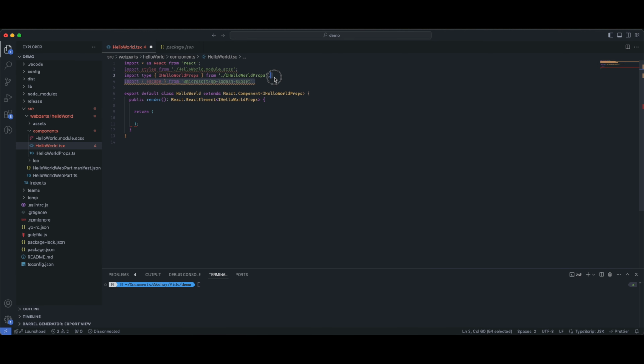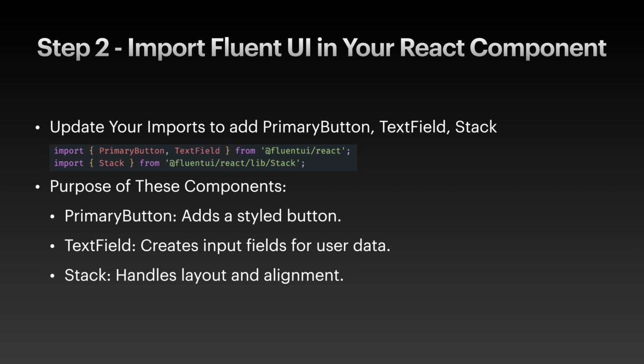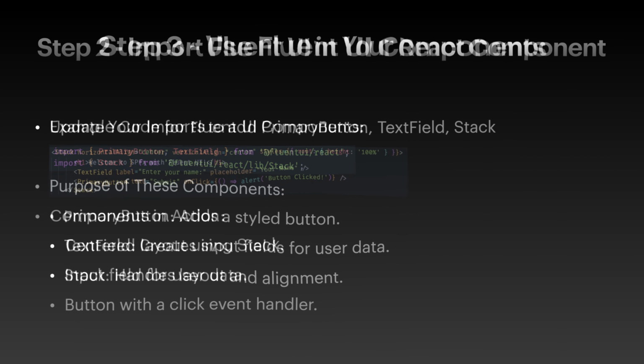Here I have removed extra parts of the code. Now add this import at the top of the file. We have added 3 components: PrimaryButton, which adds a styled button, TextField, which creates an input field for users' input, and Stack, which handles layout and alignment.